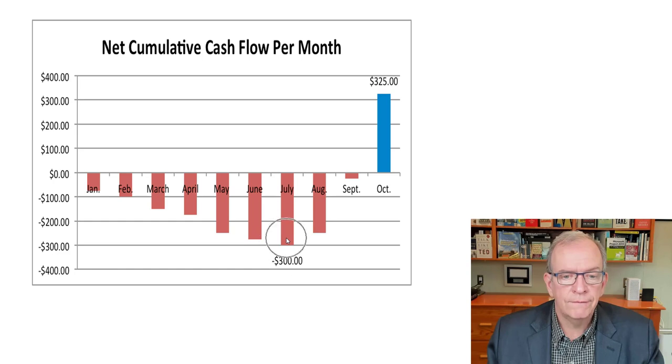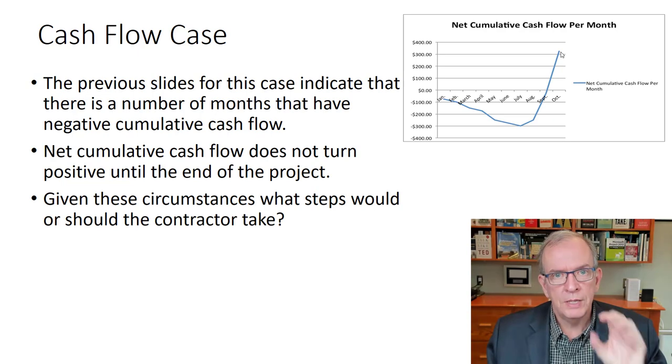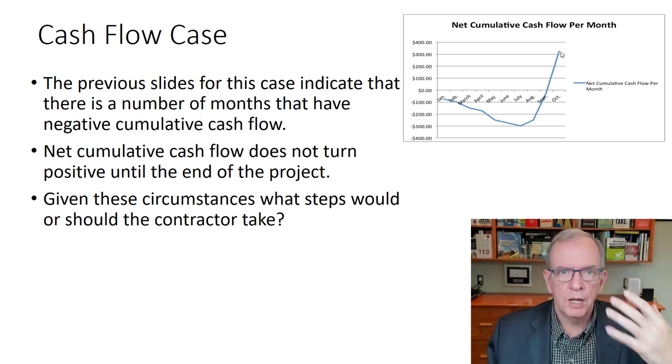You don't want to get there and find out there's a problem. So it really indicates that there's a number of months that you're going to have negative cash flow, and it doesn't return to positive till the end of the project, but it is a good thing. So this is not a dud of a project as long as it's meeting your profit projections of what you are driving for, and it's covering your overhead, as we talked about with markup when we take our direct costs and we multiply it by that.